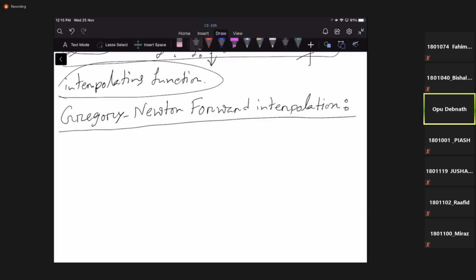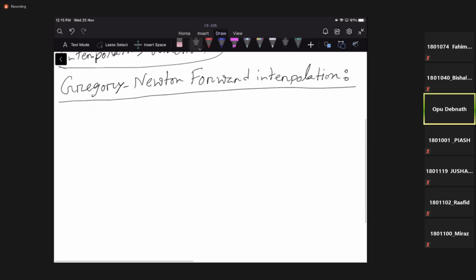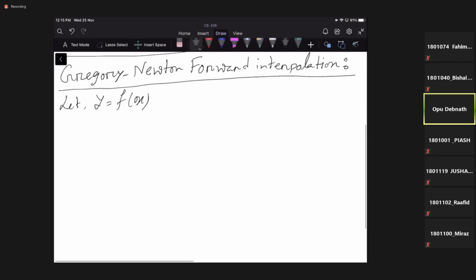Forward interpolation formula. For this formula, first I will discuss the background theory and then we will go for a worked example, so it will make the concept clear. Consider this function y is equal to f of x.